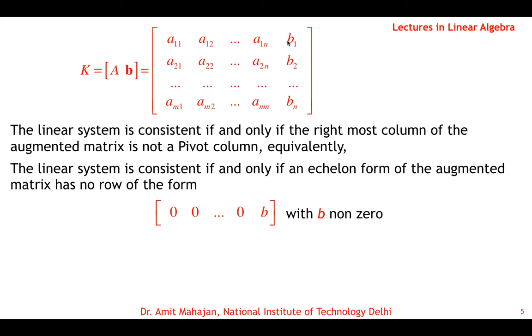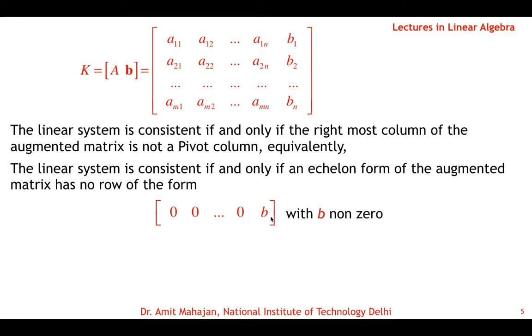The last column cannot be a pivot column, which is the same as saying that there should be no row in this matrix, after reducing it to equivalent form, of the form where all the first n elements are 0 in that row and the last element is non-zero. So 0 0 and so on 0 and the last element non-zero. That should not happen.